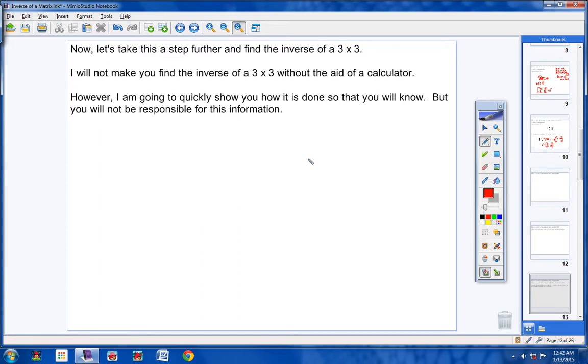So please listen carefully. First of all, here's a 3 by 3 matrix, okay? Now, you're welcome to take notes. You don't have to, but you're welcome to. This is a 3 by 3 matrix, okay? I want you to find the inverse of this matrix. So, here's what you do.